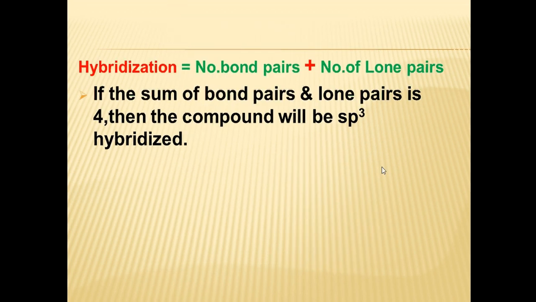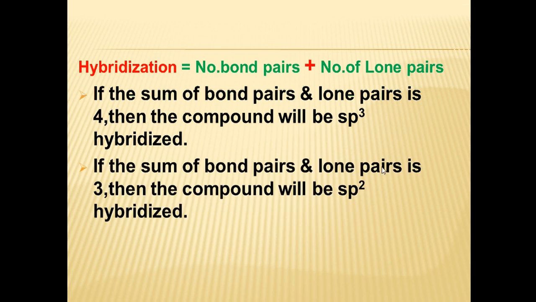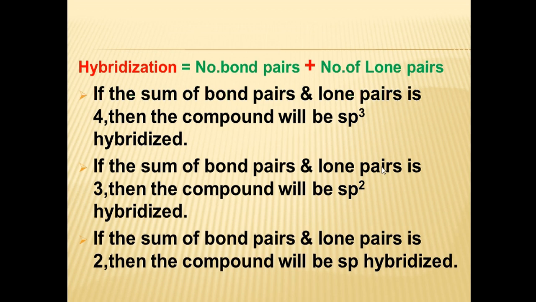If the sum of the bond pairs and lone pairs is 4, then the compound will be sp3 hybridized. If the sum is 3, then the compound will be sp2 hybridized. If the sum is 2, then the compound will be sp hybridized.